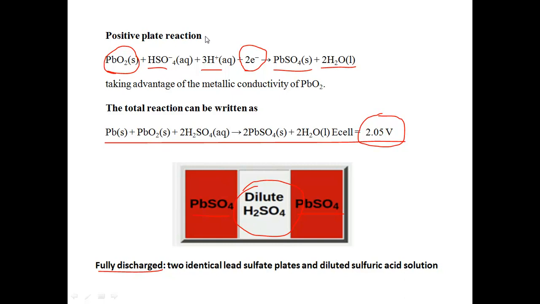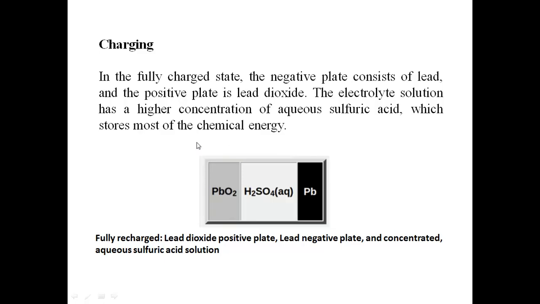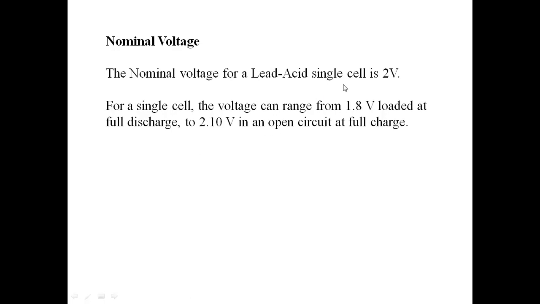These reactions at the positive plate and the negative plate are reversible reactions, and after the battery is fully charged, the cathode or the positive terminal becomes lead oxide and the negative terminal or the negative plate of the battery, that is the anode, gets converted to lead, and the concentration of the sulfuric acid increases in the electrolyte when we recharge the battery. The nominal voltage for lead acid single cell is 2 volt.